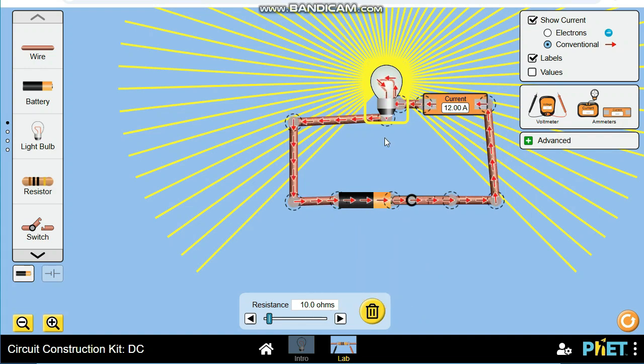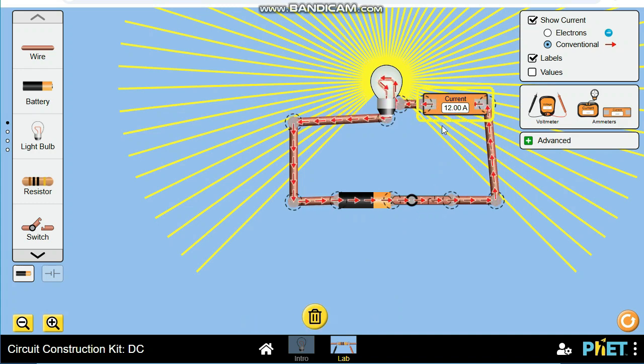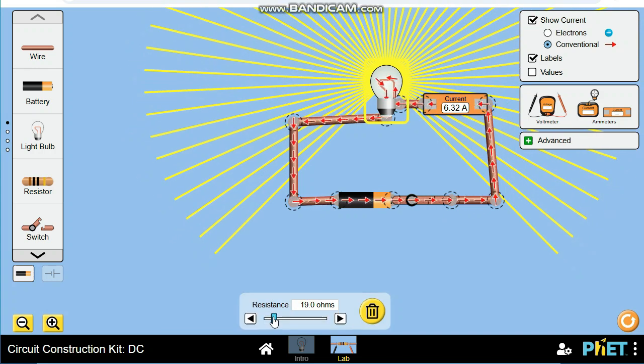Now we can prove that the current and resistance are inversely proportional to each other. Let us suppose that the resistance of the bulb is 10 ohm, and if you look at the ammeter, the amount of the current is 12 ampere. Now let us see what happens if the resistance of the bulb is increased up to 20 ohm.